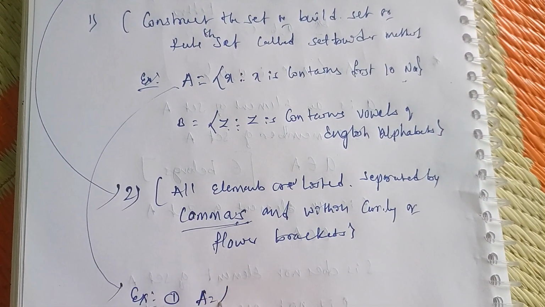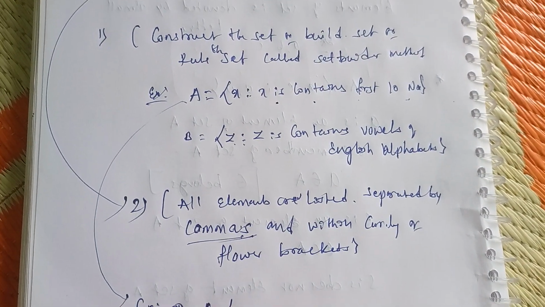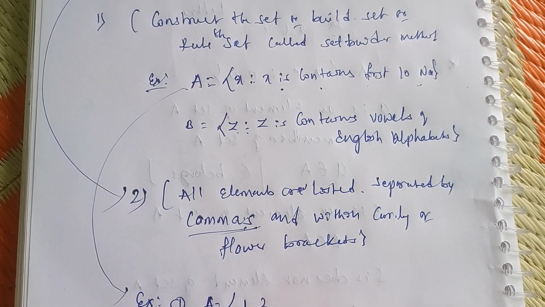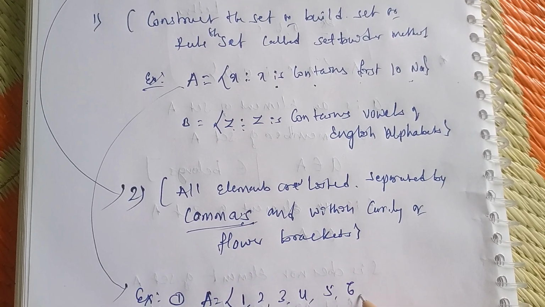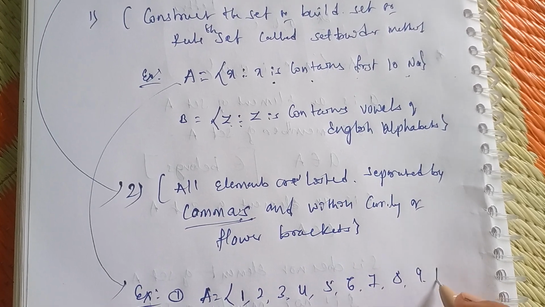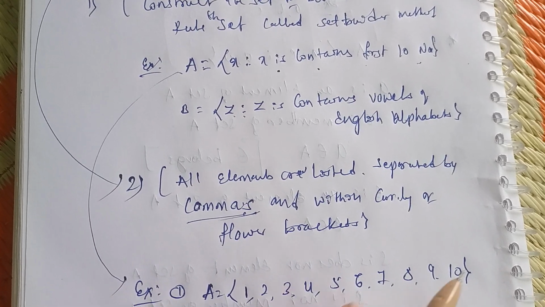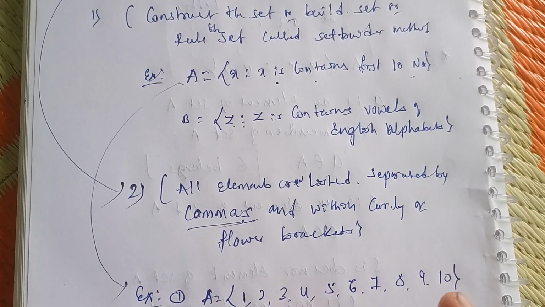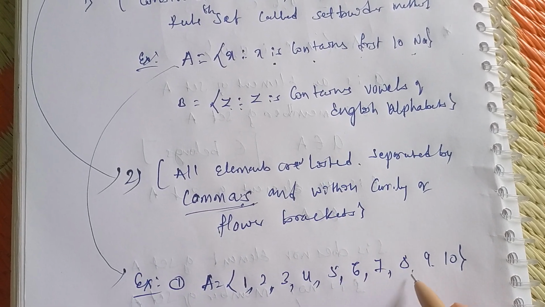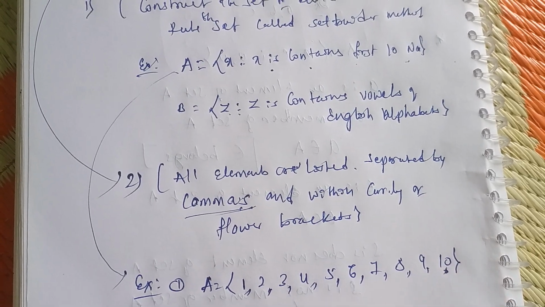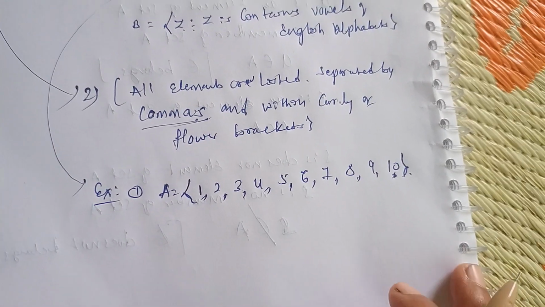A equal to x, where x contains the first 10 natural numbers, means 1, 2, 3, 4, 5, 6, 7, 8, 9, 10. Here I listed all the elements, separated by commas, within flower brackets.